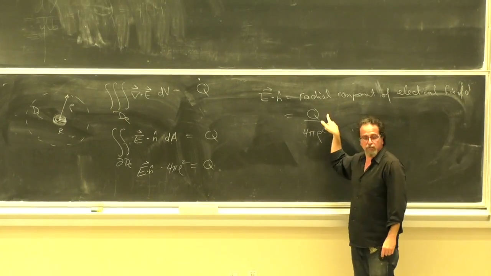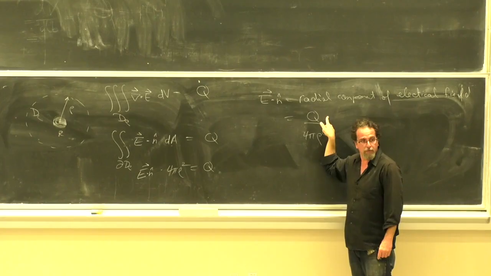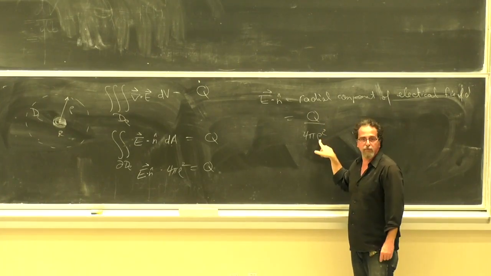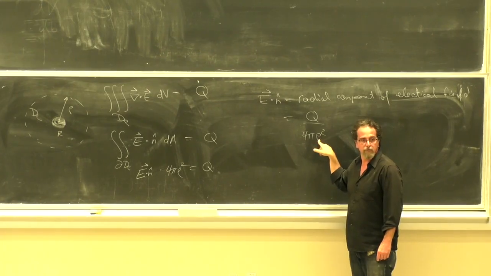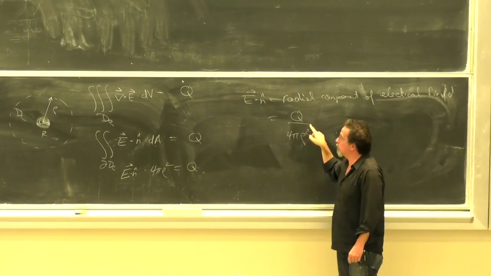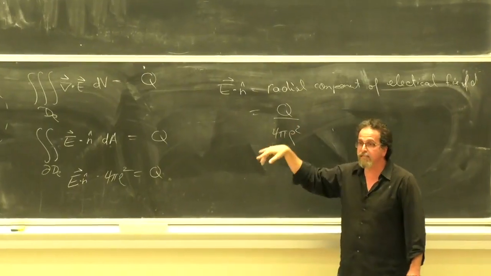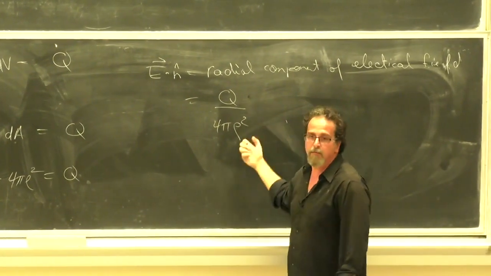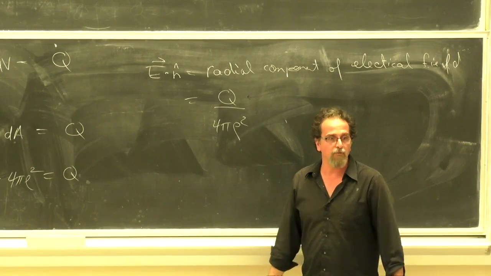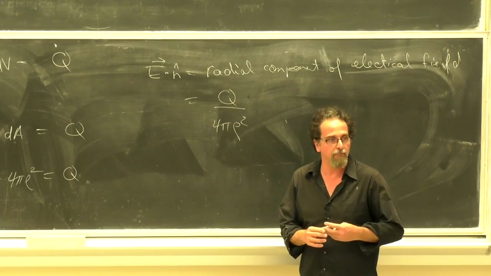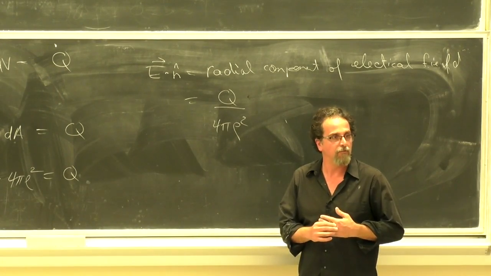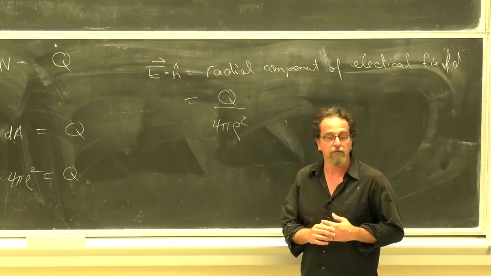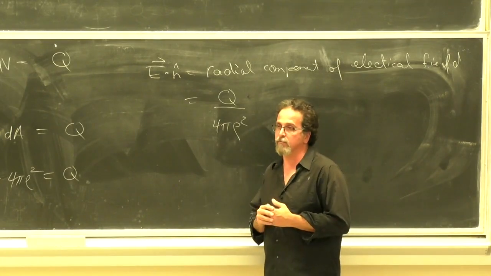It's proportional to the total charge that you've encompassed, and it's reciprocal distance squared, 1 over distance squared. That's the 1 over distance squared law for Coulomb forces. It's also the same if you had replaced this with mass density and the gravitational force: you would have the mass divided by the distance squared, the 1 over r squared force law for gravitational force. It's the same thing. So that's how it relates to the divergence theorem.